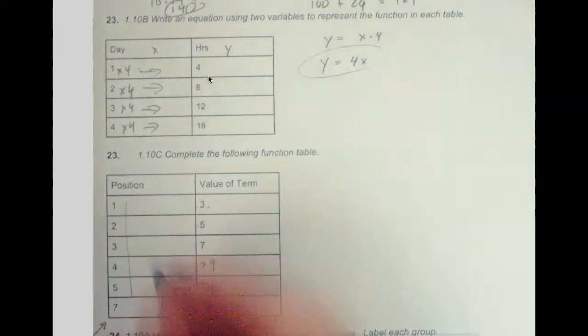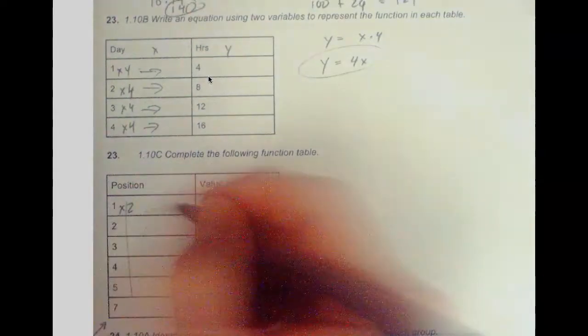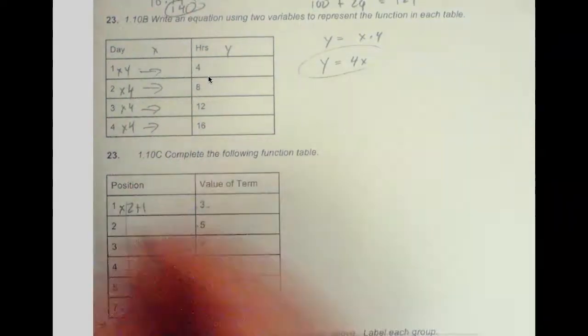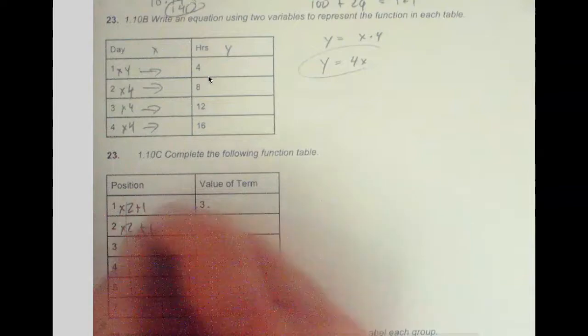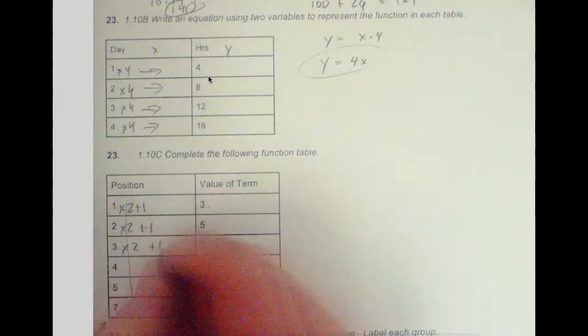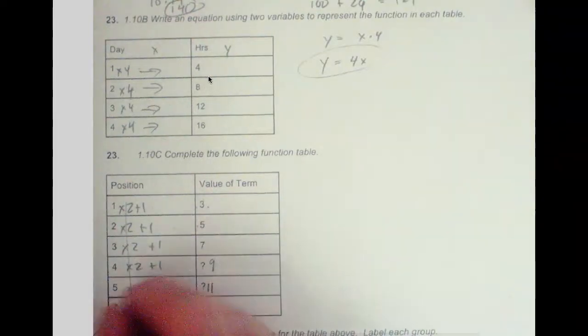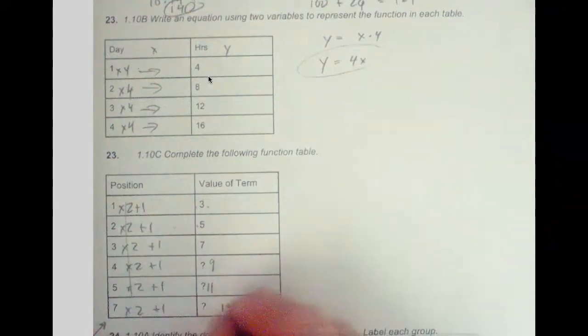What if I said it was times 2, that would be 2 plus 1. You try this, times 2 plus 1. Oh, it's working. Times 2 plus 1, yep. So this one would be times 2 plus 1. So this is going to be 15. And that makes sense because 6 would be 13.